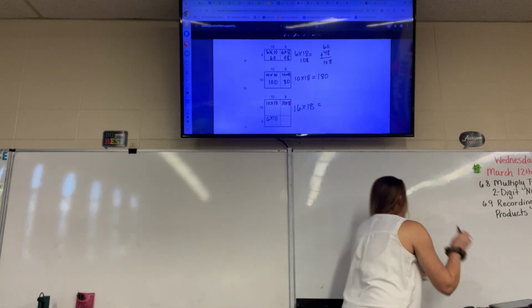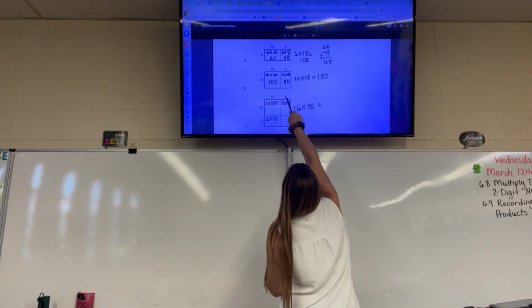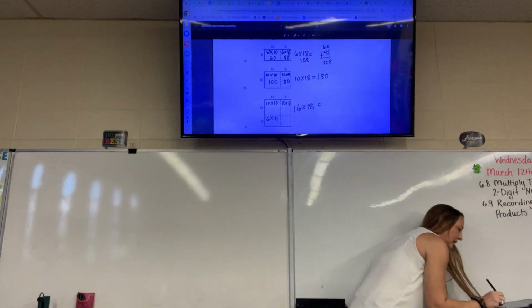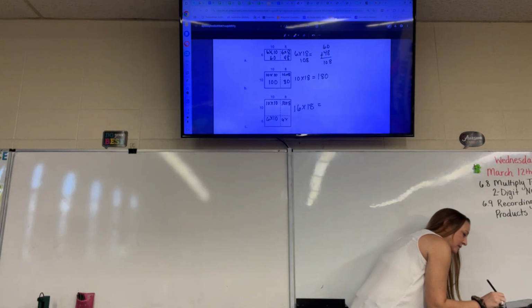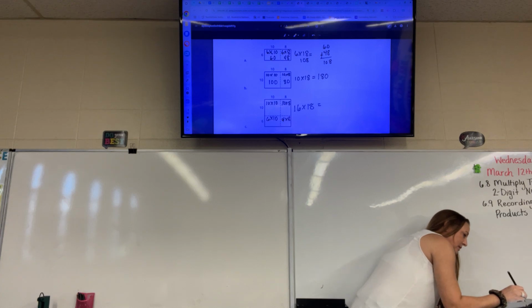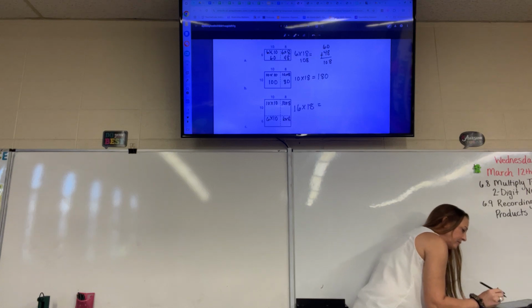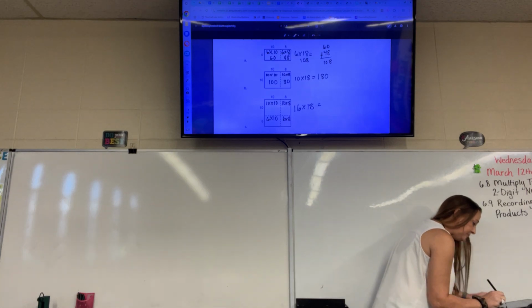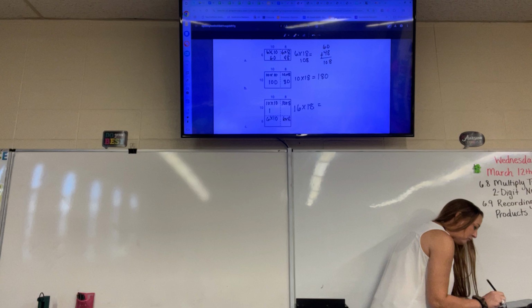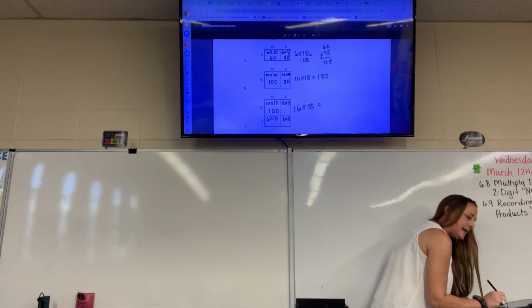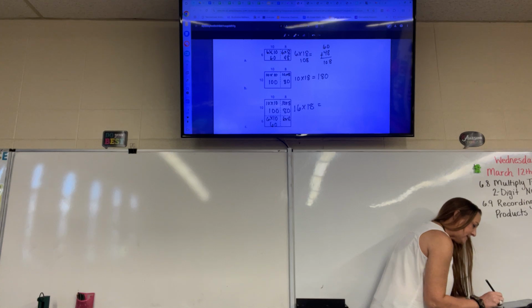And in the last box, 6 times 8. So 10 times 10, 100. 10 times 8, 80. 6 times 10, 60. 6 times 8, 48. Last step is to stack them and add them.